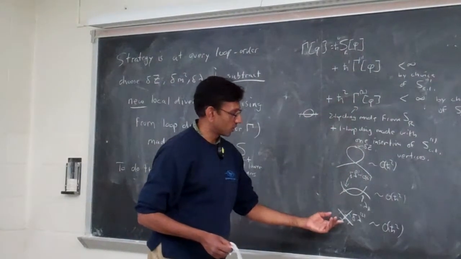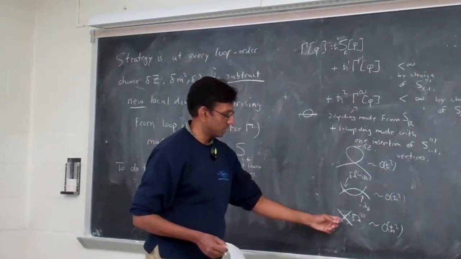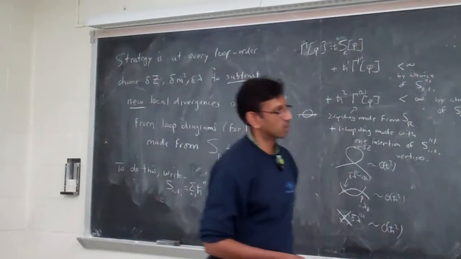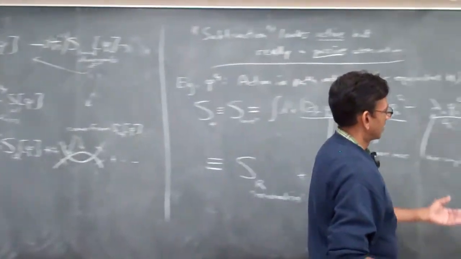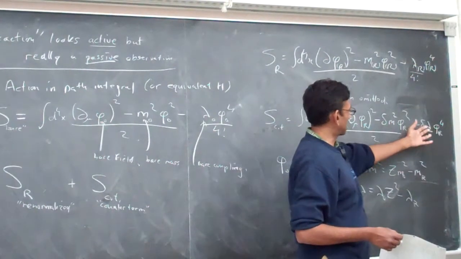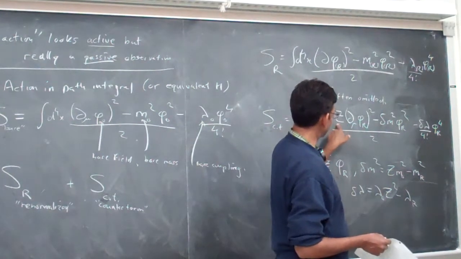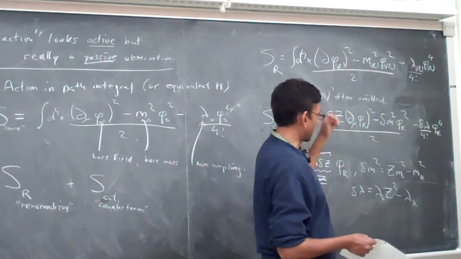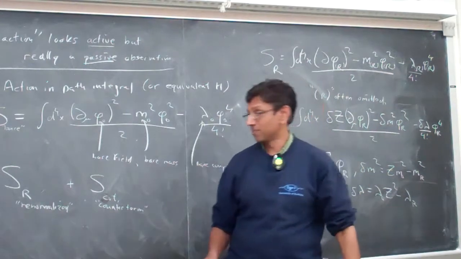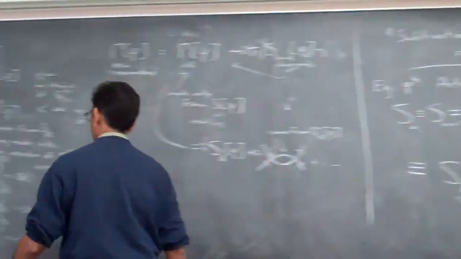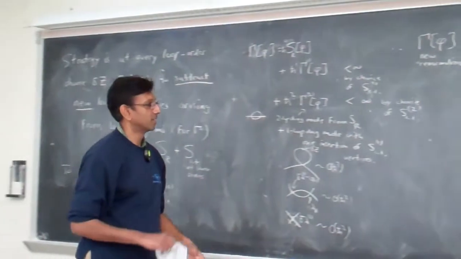The fact that all divergences are local means that I can just use these local types of things to put minus the divergence here, here, and here incurred from gamma, and it'll just subtract off the divergences. Okay?